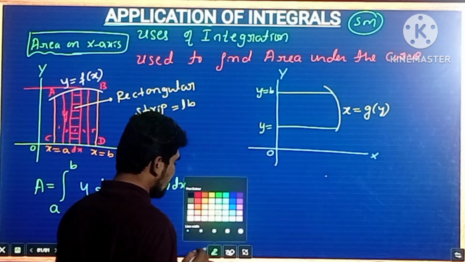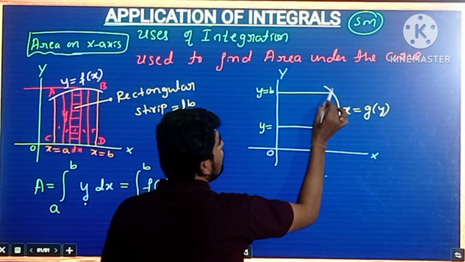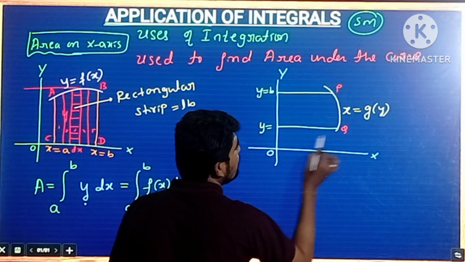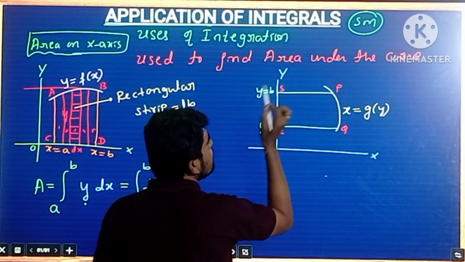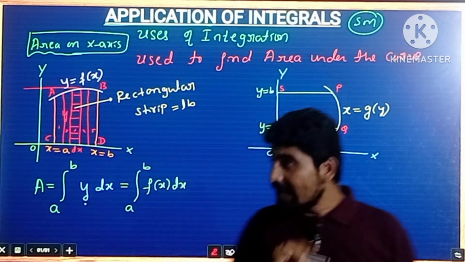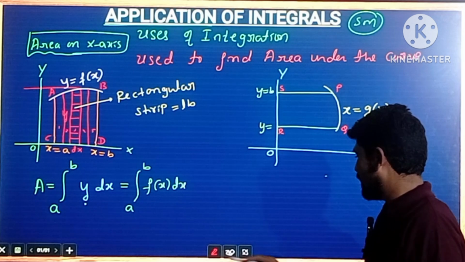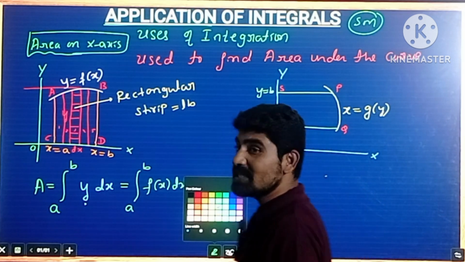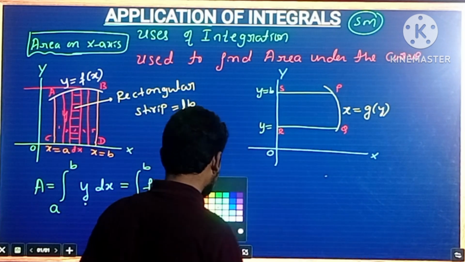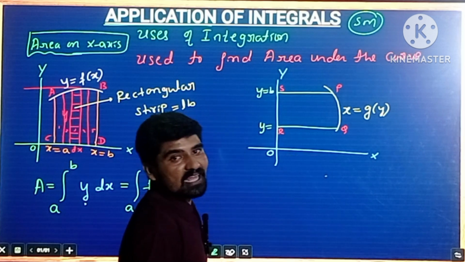It means here the required area is PQRS. So again to find this area PQRS, I am going to consider one strip here, but that strip is a horizontal rectangular strip.